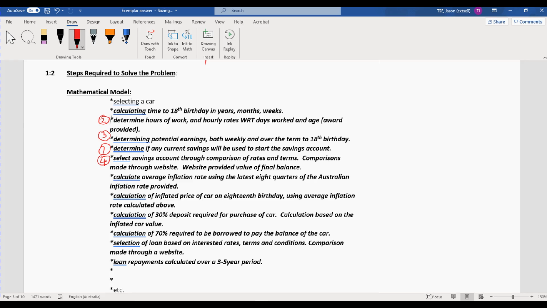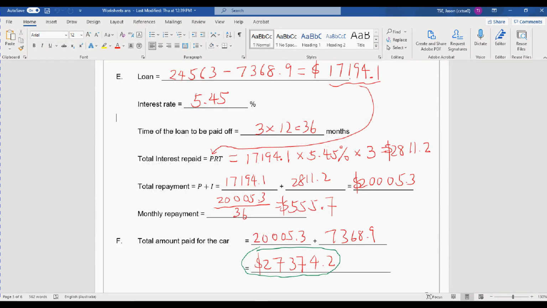For the loan, first we get the car. That's number 5, selecting a car. Then we calculate the inflation rates, if you still remember.